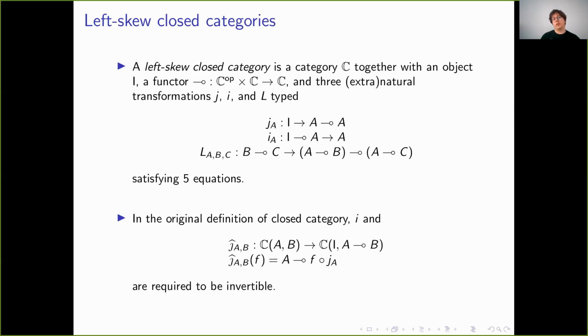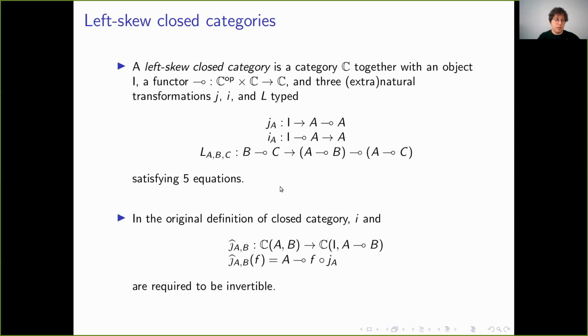Then there is also a notion of a left-skew closed category. This is from Street. Again, it's a category C. We now have a unit, a lolly, and we also have these 3 natural transformations, J, I, and L, which have this type. And they have to satisfy 5 equations.